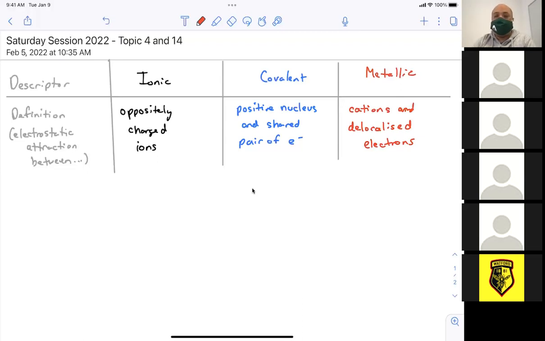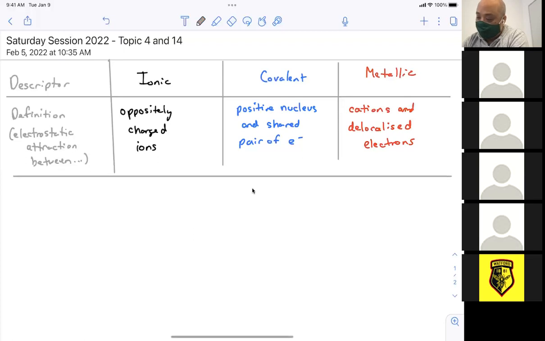When we get into metallic bonding a little bit later and talk about the properties, the way a metallic bond works is that the electrons are spread around all the cations, and no metal ion owns those certain electrons. They're equally shared throughout all the atoms of metal, and that's what holds it all together, kind of like a glue.